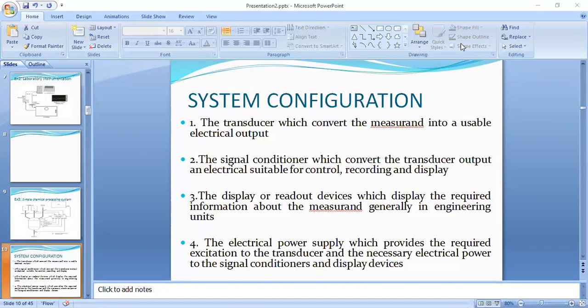But such types are not advantageous for many modern scientific experiments and process control instrumentation because of their poor frequency response and the requirement of large force to overcome mechanical friction. So the electrical transducers overcome some limitations of instrumentation control.